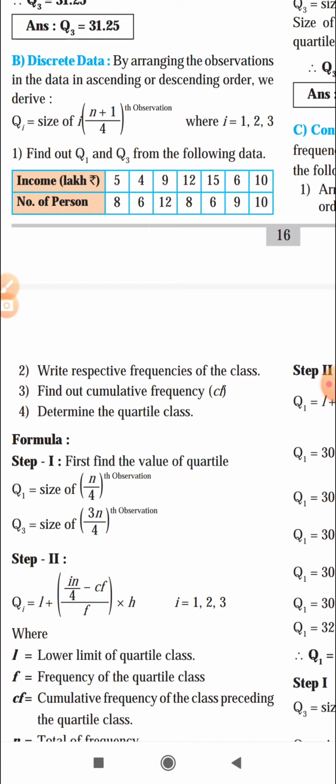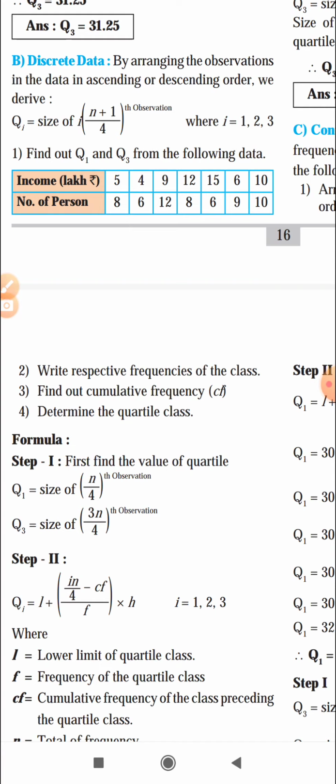We find out 13 lies in which cumulative frequency, and this CF is related to which class. That particular class in which the CF lies is the quartile class.